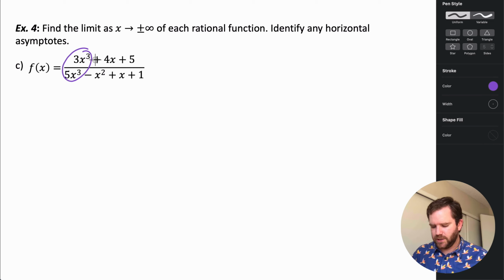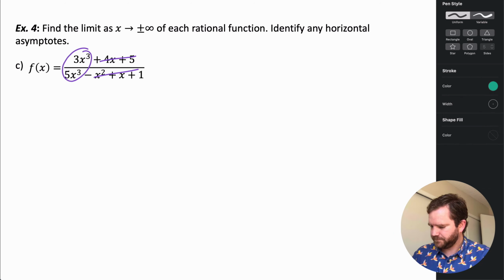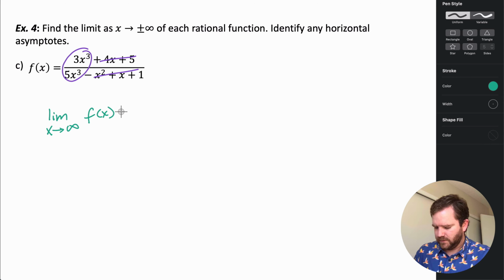So looking at just those, because again, these are insignificant as far as the limit's concerned as we're going off to infinity and negative infinity. So the limit here, as x is going off to infinity of f, is going to be the same as the limit as x goes to infinity of the quotient of just our highest degree terms.